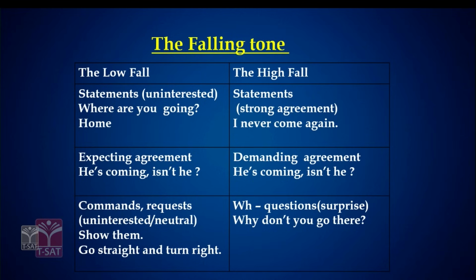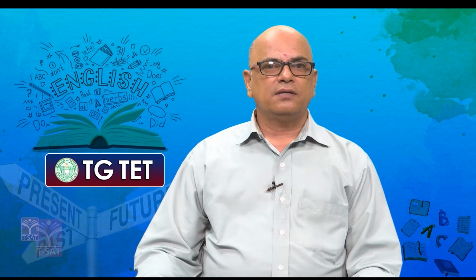And the high fall in statements refers to strong agreement. "I never come again." It is determined he will not come again. A strong agreement. And sometimes in question tags, if you use a high fall, it is demanding agreement. "He is coming, isn't he?"